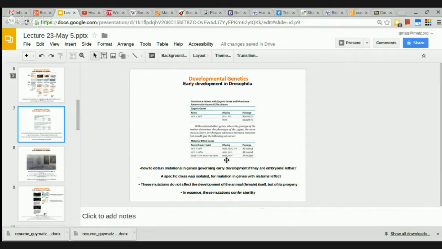If this female's mother were homozygous, that wouldn't work, because that fly would never develop. So you had a homework on that. That's important to know, to understand this table and this notion of maternal effect.